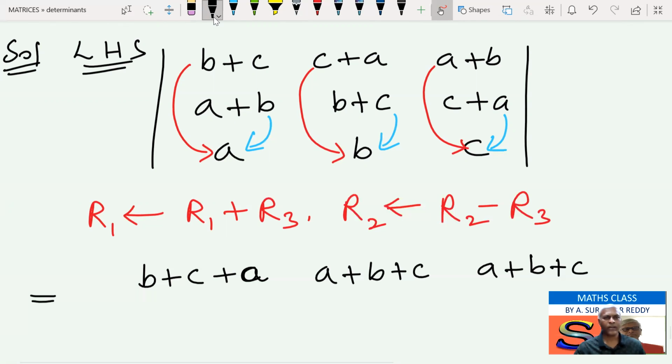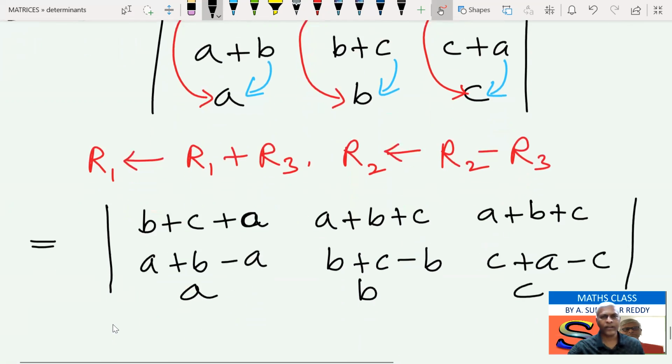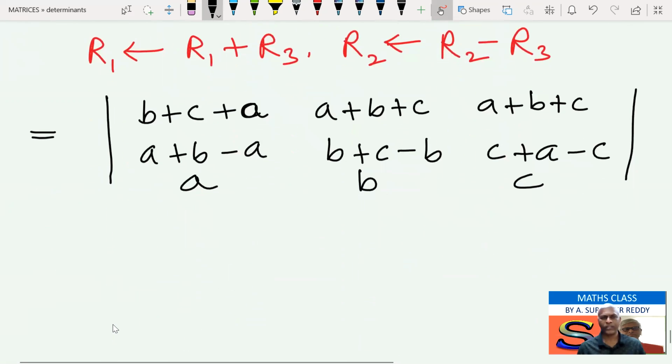So after subtracting R2 minus R3, A plus B minus A, B plus C minus B, C plus A minus C, and R3 as it is, A, B, C. No change in R3. Only we are changing R1 and R2.